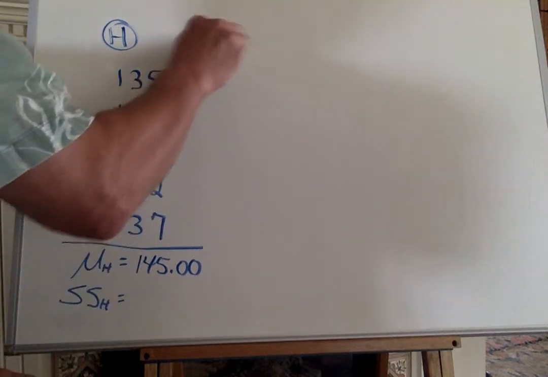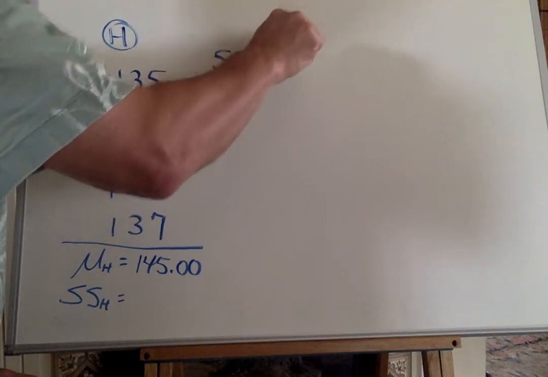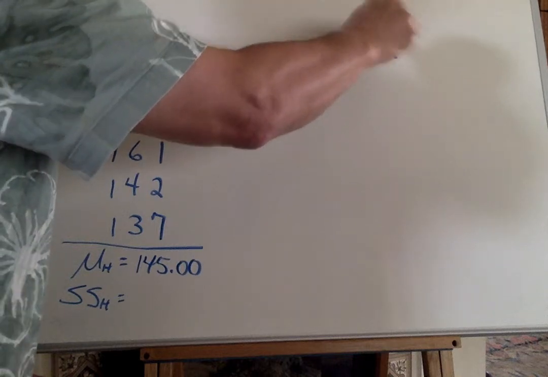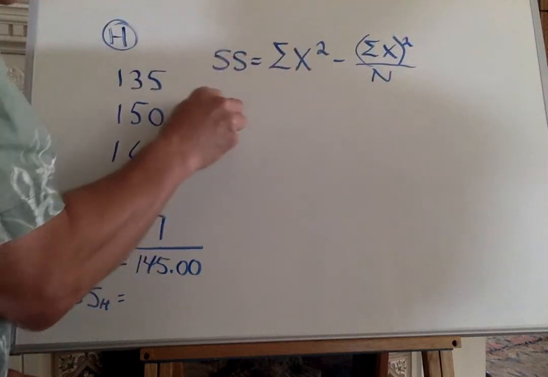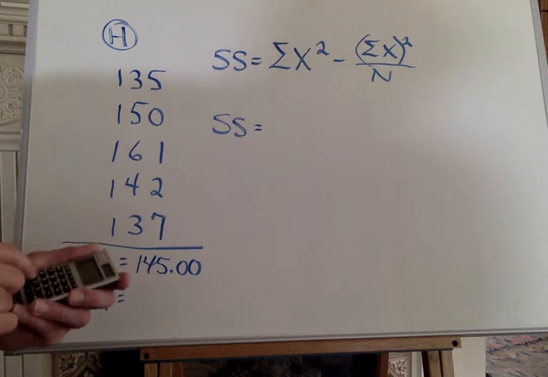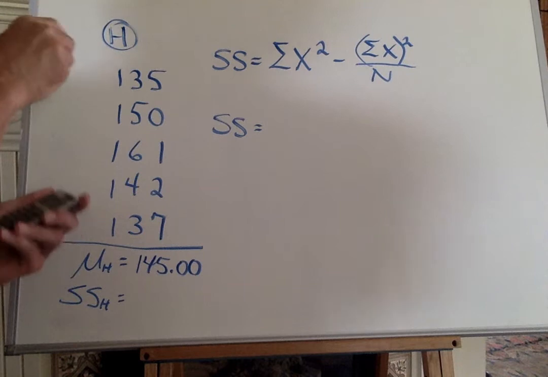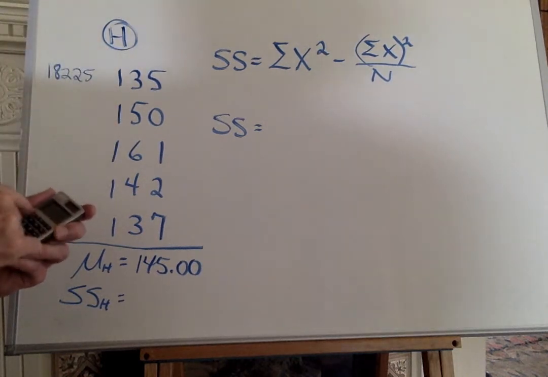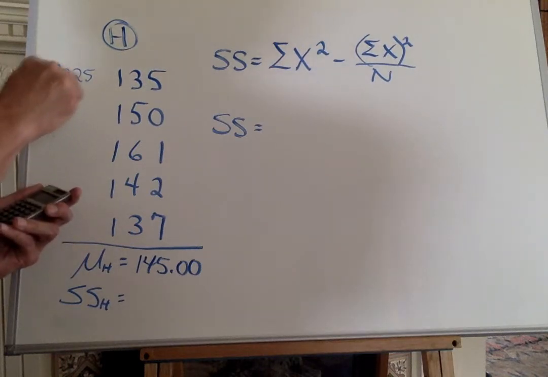Let's do our sum of squares, and we're going to use the computational formula, okay? So here it is. So we're going to square each of the numbers and add them together. 135 squared is 18,225. Okay. 150 squared is 22,500.